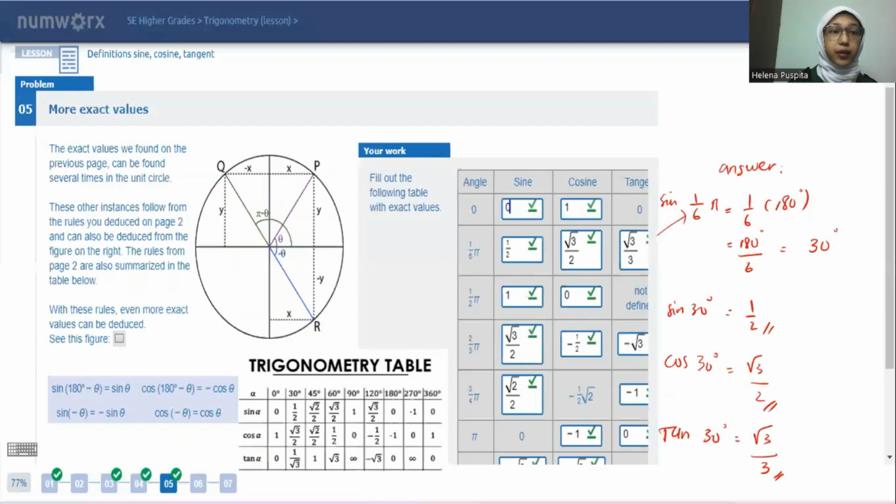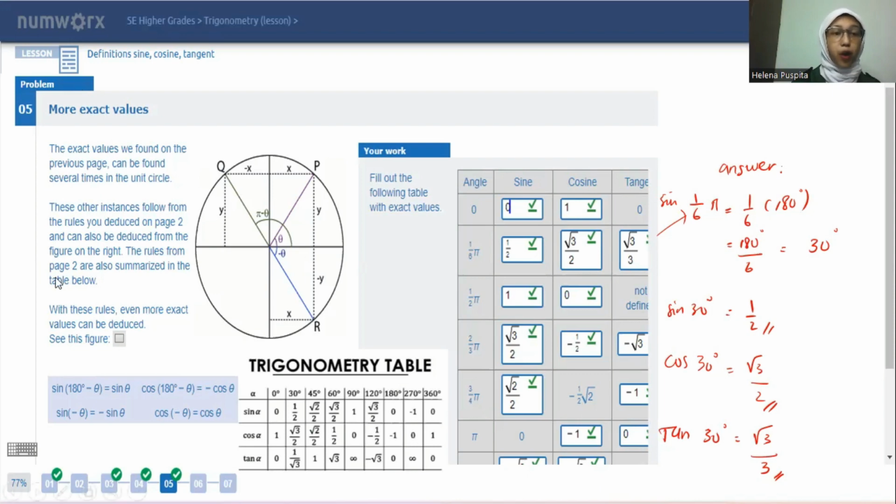Next question, number 5. The exact values we found on the previous page can be found several times in the unit circle. These other values follow from the rules you deduced on page 2 and can also be deduced from the figure on the right.